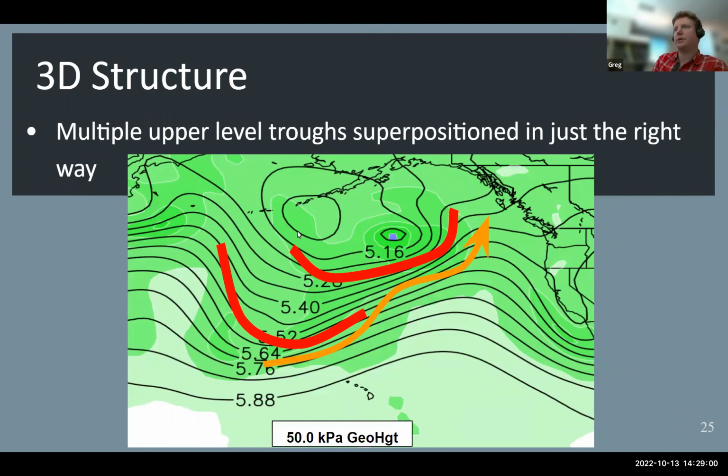Another potential setup, this is a map looking at 50 kilopascal geopotential heights, somewhere in the middle of the atmosphere. You can have multiple upper level troughs that are superimposed in just the right way so that you still get that continuous feed of moisture from the subtropical latitudes up into the more mid-latitude area.